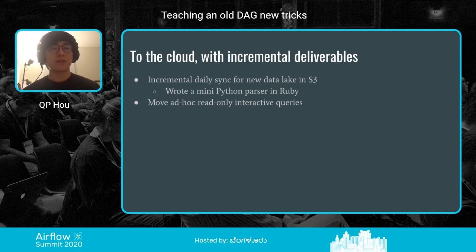So after we had this incremental daily sync working, the data that we produce in HDFS would be available in AWS on a daily basis. And then we can move our users to the Databricks notebooks for any kind of read-only interactive queries.